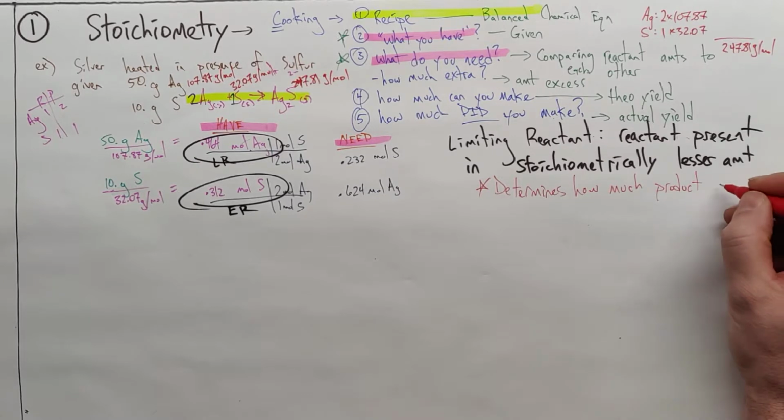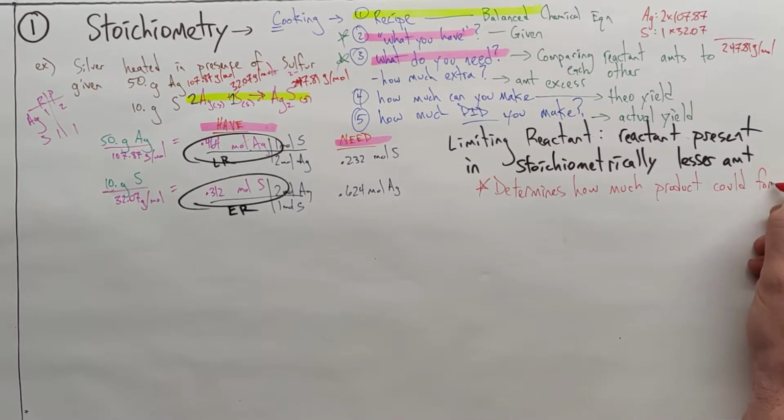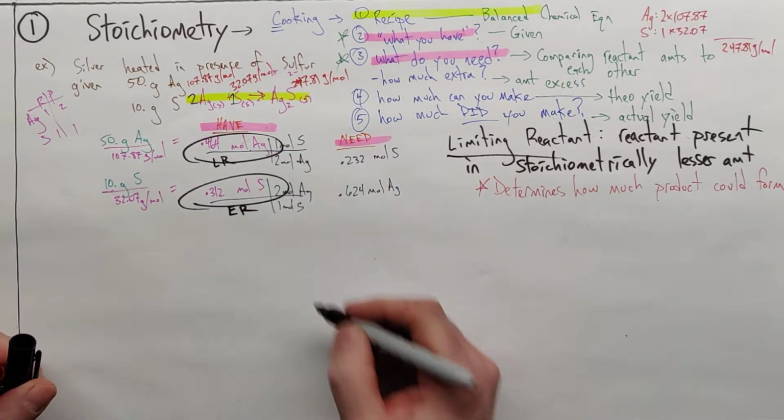It determines how much product could form. So we're super dependent on finding our limiting reactant. The good news is we did.